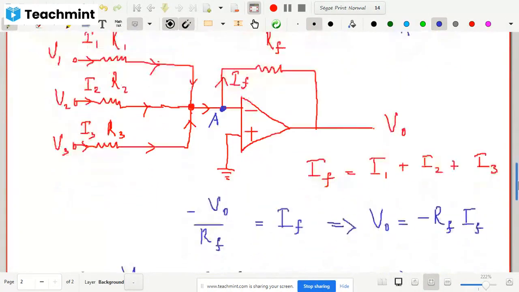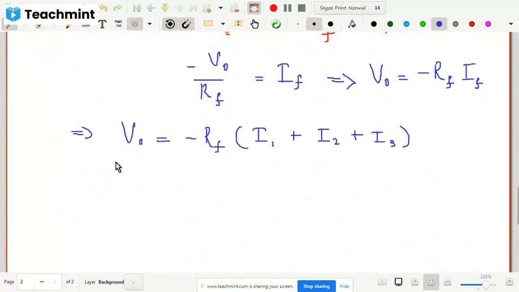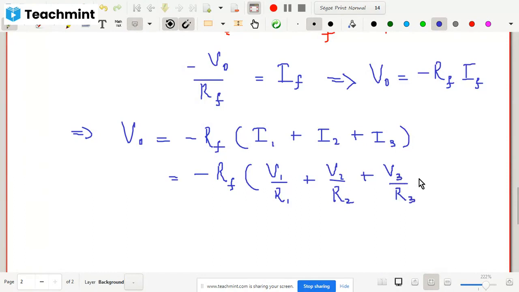Therefore I will replace them: minus RF times V1 divided by R1, plus V2 divided by R2, plus V3 divided by R3. This is the expression which we got here.